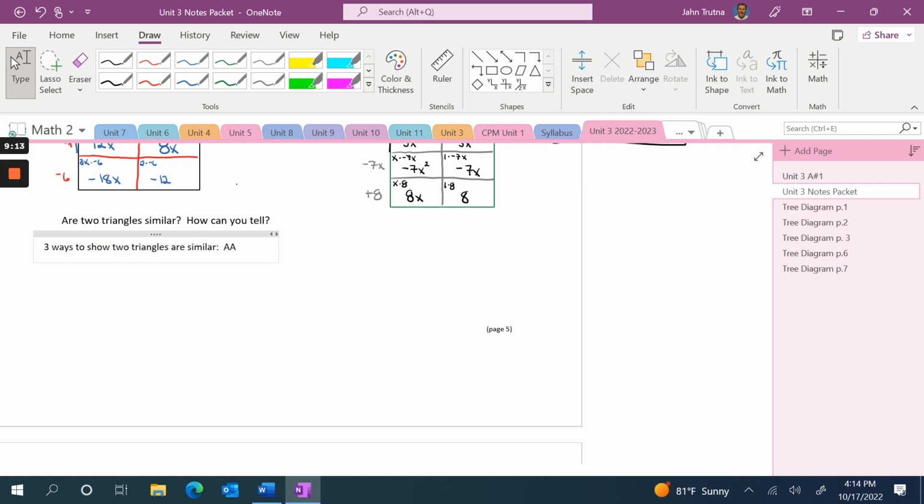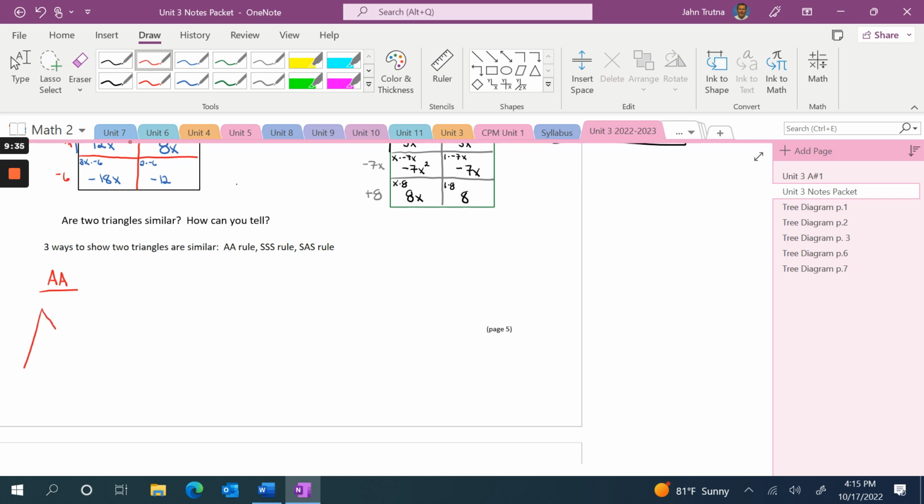There's the AA rule, the SSS rule, the SAS rule. Okay? These are the 3 ways that you show that two triangles are similar. Let me give you an example of each one. First of all, the AA rule.